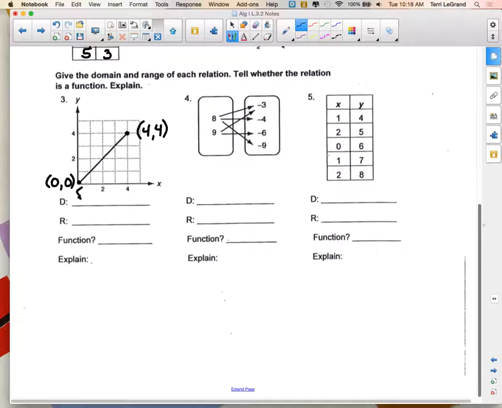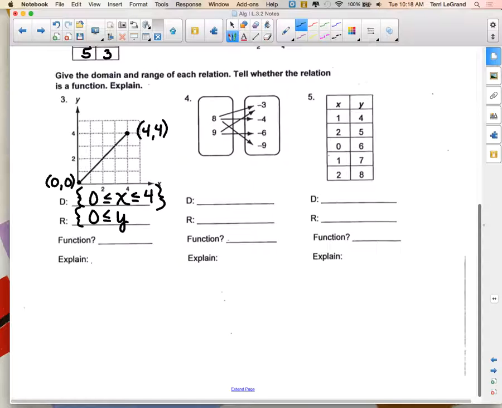So now our domain would be, yell it out for me. 0 is less than or equal to x and less than or equal to 4. You got these curly cues down yet? No. And the range. Oh, where's the range?